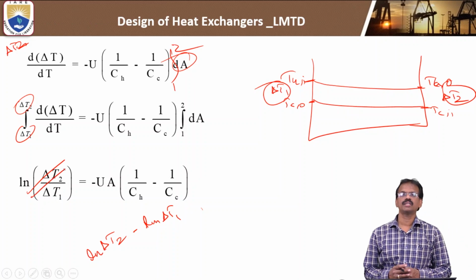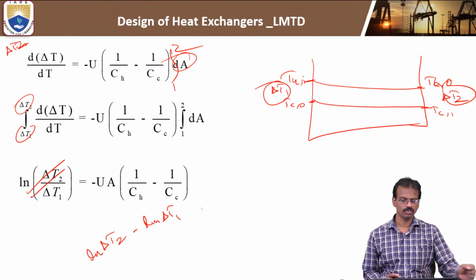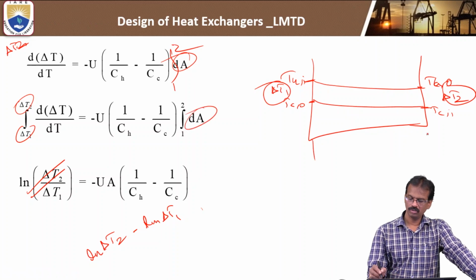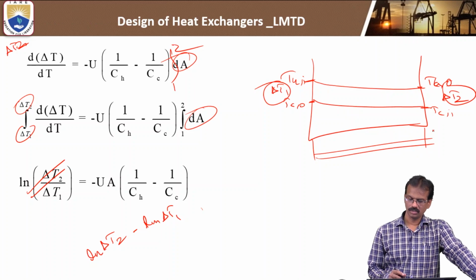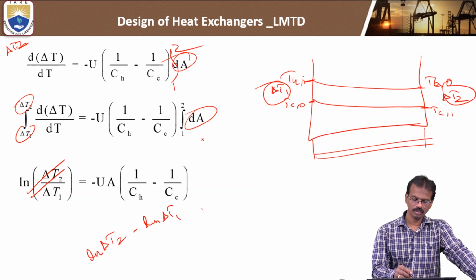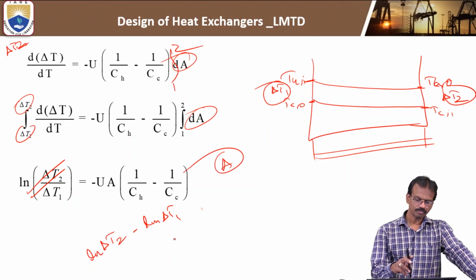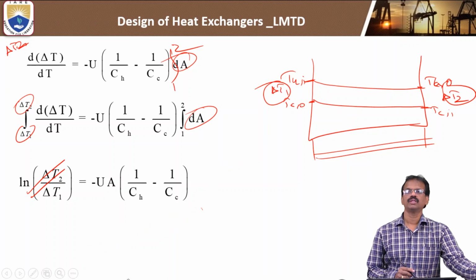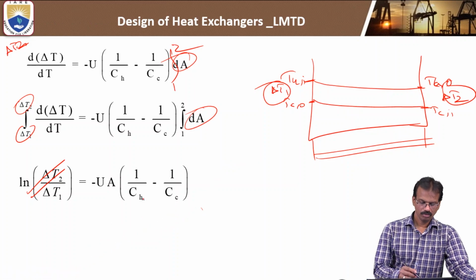So ln of delta T2 by delta T1 is equal to minus integral of dA. So the area is uniform for this entire construction. So then the integral of dA is nothing but A. Okay. Then minus UA into 1 by Ch minus 1 by Cc. So you know this one.